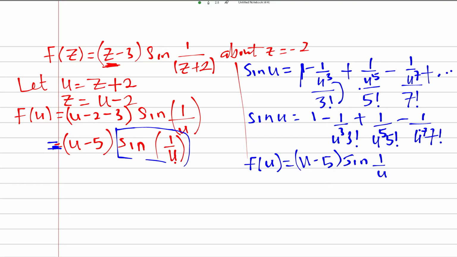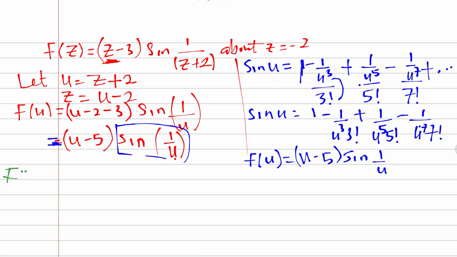So I'm going to have f of u equal to u minus 5 in bracket, multiplied by our sine that we have now, which is 1 minus 1 over u raised to power 3 factorial. Can you see that now? Then what?